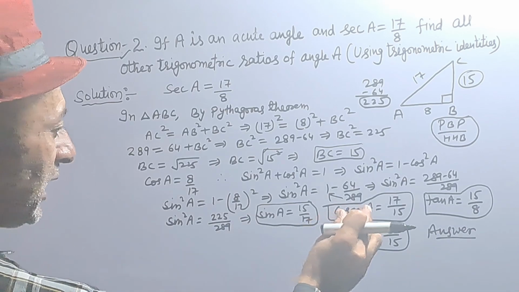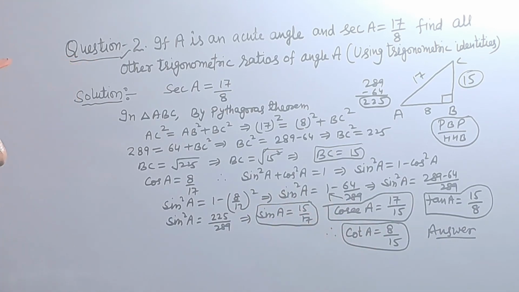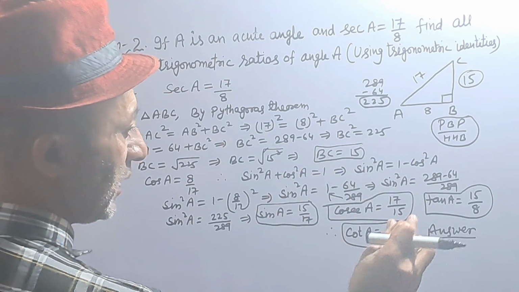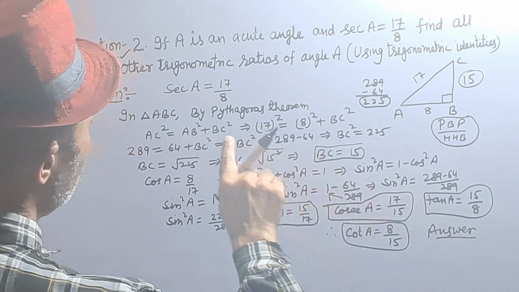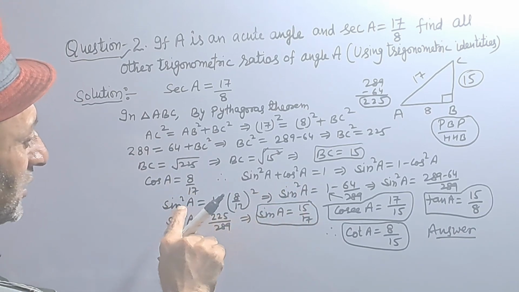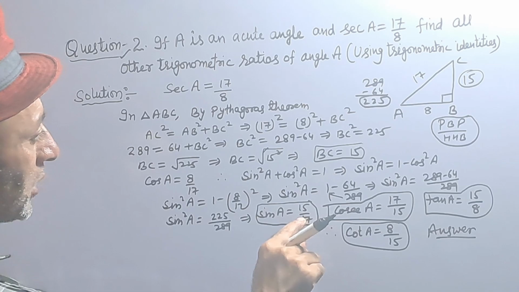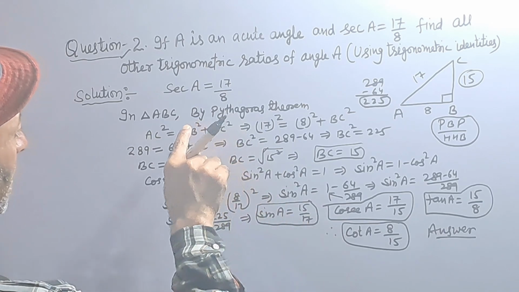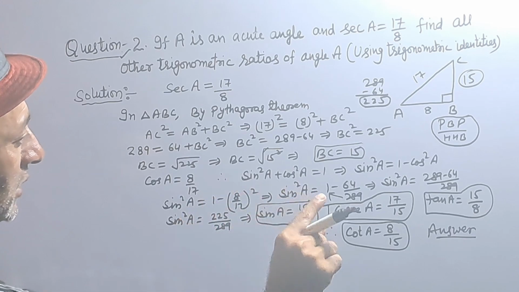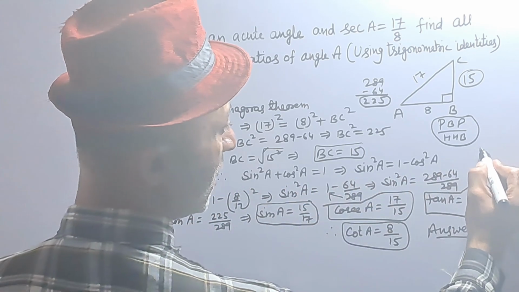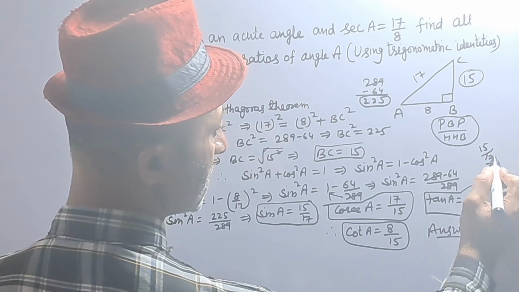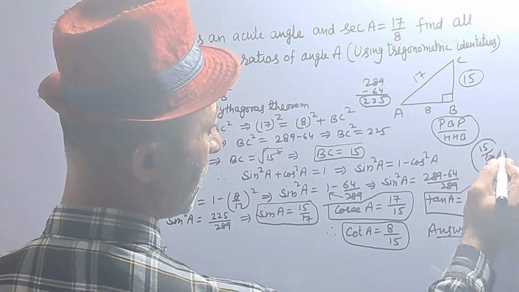So cosecant A is reciprocal of sin A, that is 17 upon 15, and tan A is equal to sin A upon cos A. Sin A is 15 upon 17 and cos A is 8 upon 17. 17, this is cancelled, and we get 15 upon 8.